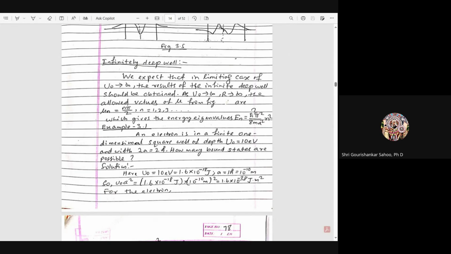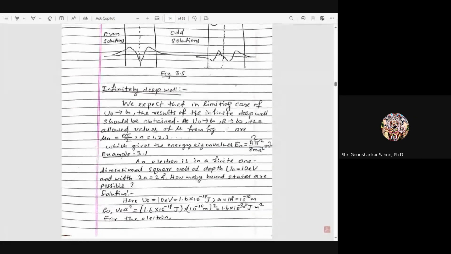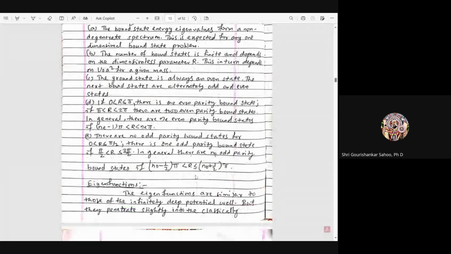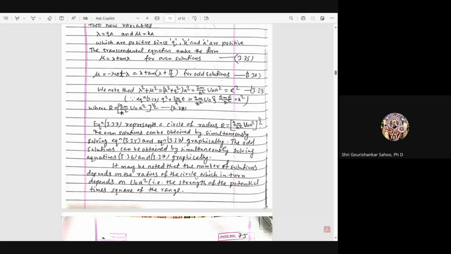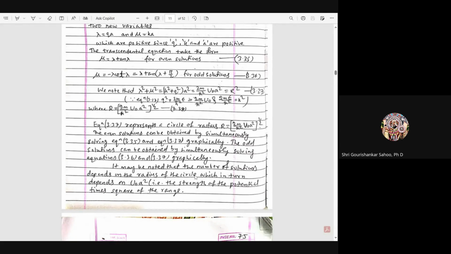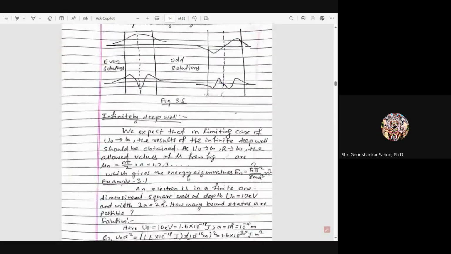The result of the infinitely deep well should be obtained as U0 tends to infinite, since r tends to infinite. You see here, if U0 tends to infinite, what is the expression for r? The expression for r is root over 2m U0 a square by h cross square. So if U0 is infinite, then 2m a square by h cross square multiplied by infinite, and root over of that will be what?